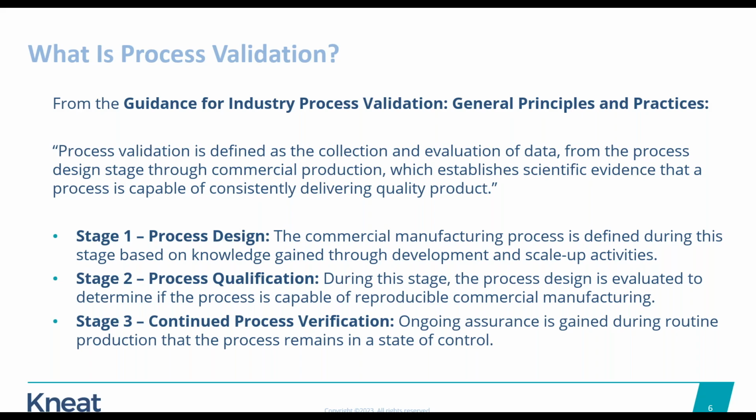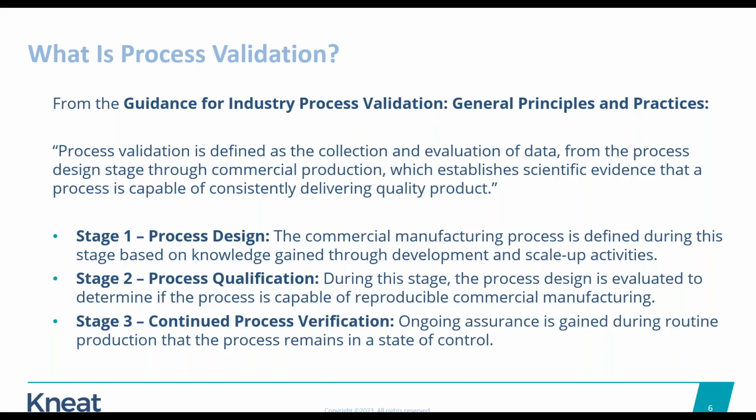There are different terms for these different stages as well. And then stage 3, this is where you are approved by the agency at this point, and you are continuously analyzing data during your commercial batches, your real-life batches, to show that your process continues to remain in a state of control.